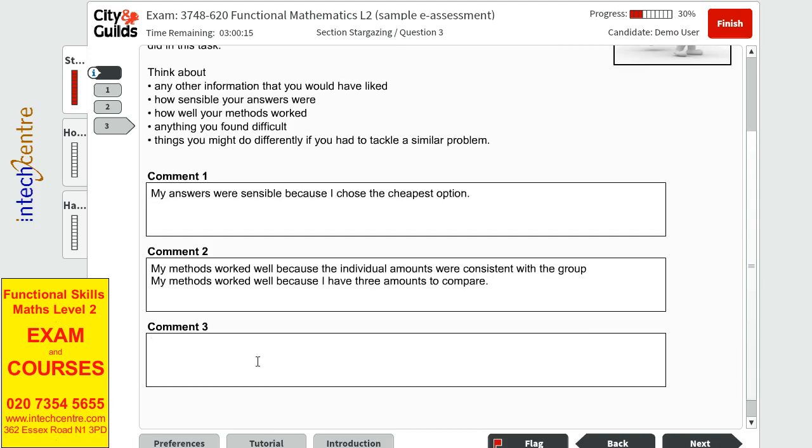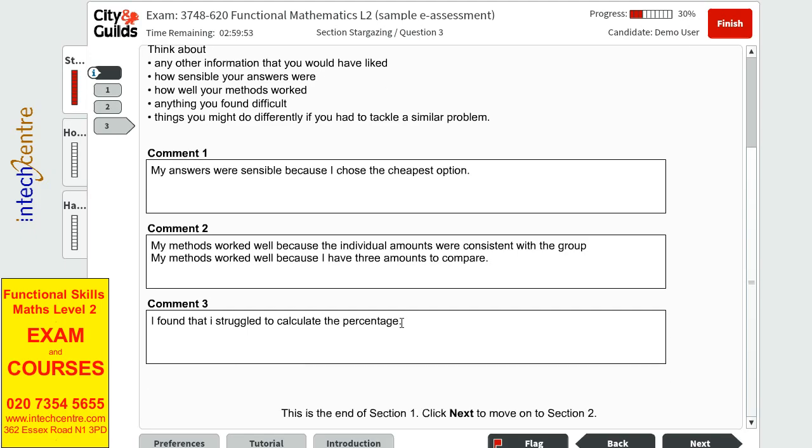And the third comment, you could say I found that I struggled to calculate the percentage. Percentages actually, because we've done a few. Any other information that you would have liked?